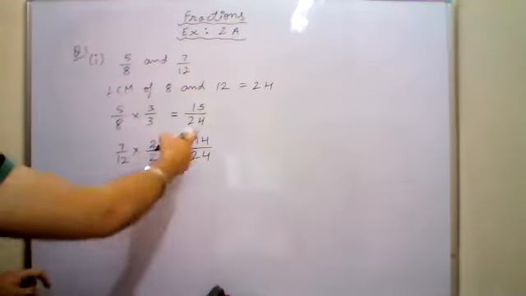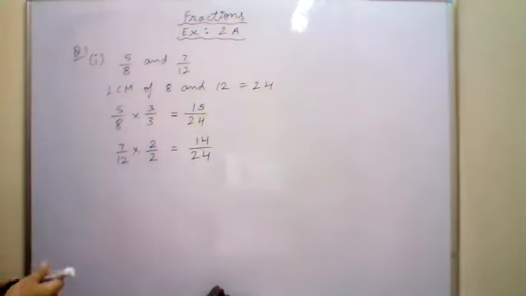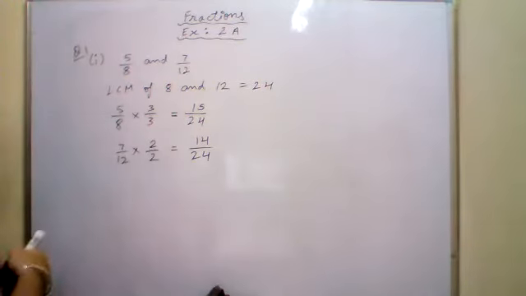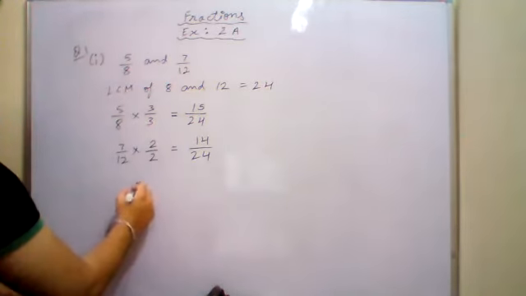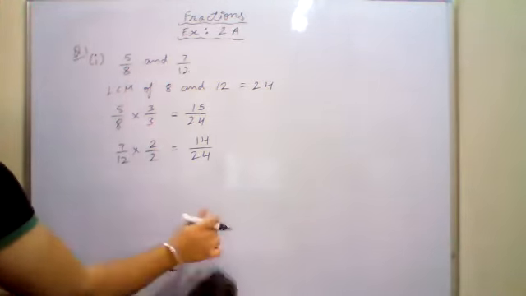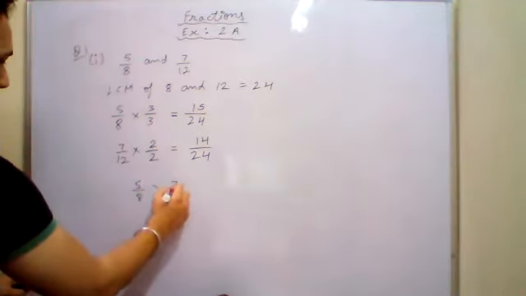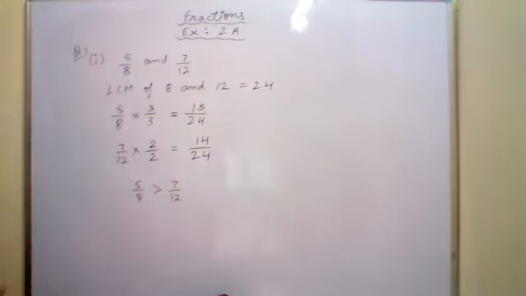Now you can see that the denominators of both the numbers are same. दोनों numbers का denominator same है. Just compare the numerators now. Numerator किसका बड़ा है? The first number. So this means 5/8 is greater than 7/12. Understood, all of you?